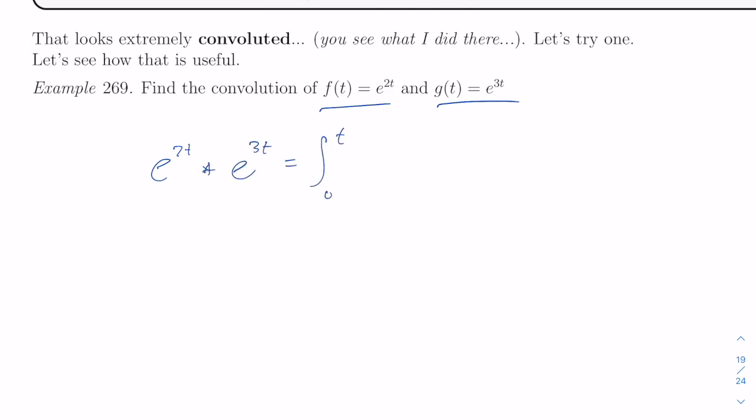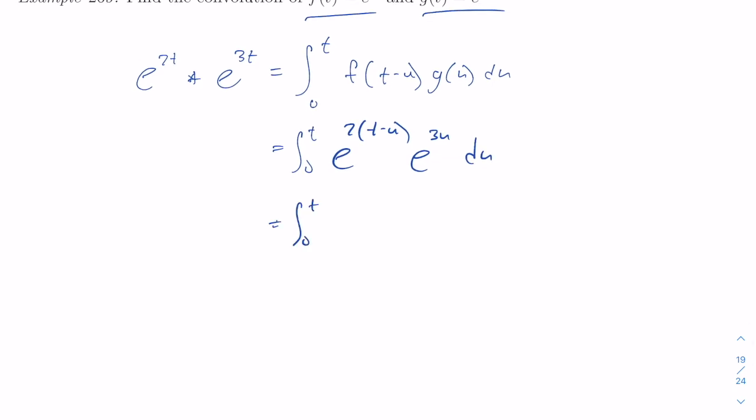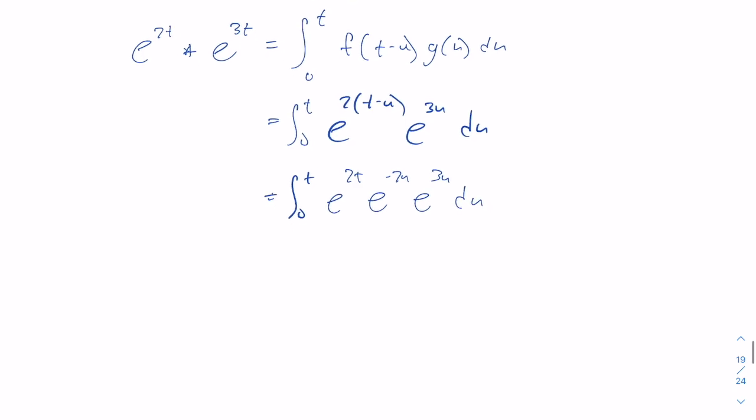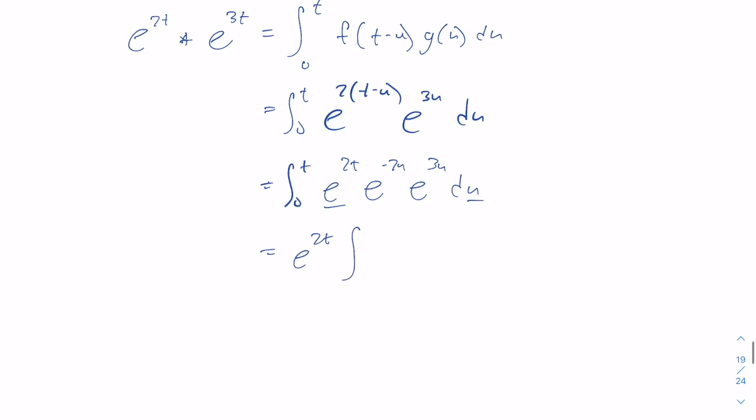So the integral from 0 to t of f of t minus u, g of u, du. So we plug some stuff in. 0 to t of e to the 2 times t minus u, e to the 3u du. That's the integral from 0 to t of e to the 2t, e to the minus 2u, e to the 3u du. Let me do two things at once here. First of all, I can pull that e to the 2t out since it's a du integral, right?